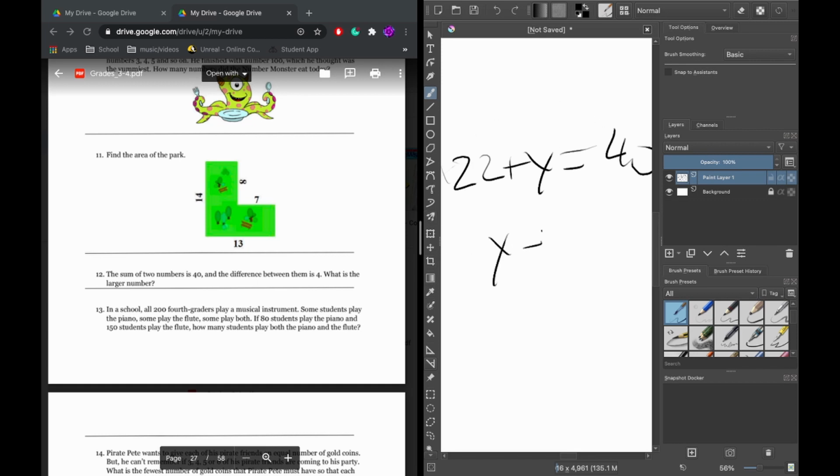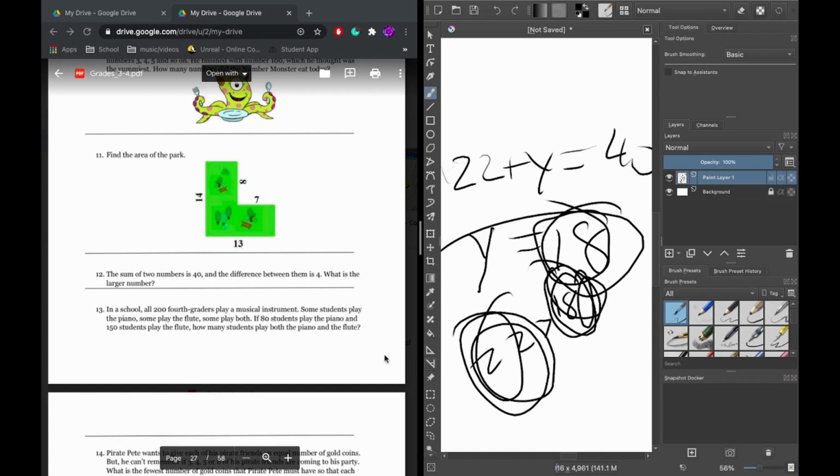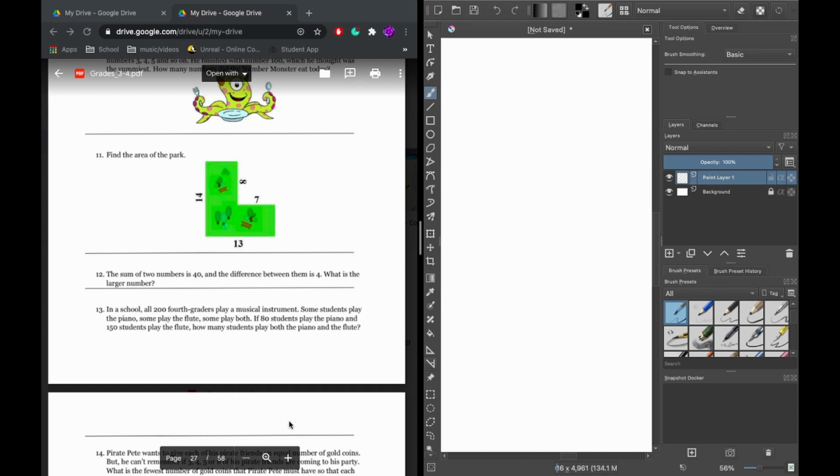And then we know that y equals 40 minus 22, which is 18. So 18 is smaller than 22. So 22 is greater than 18. And so 22 is the largest number, and 18 is the smallest. And it's asking for what is this larger number. So that would be 22. So the answer for number 12 is 22.